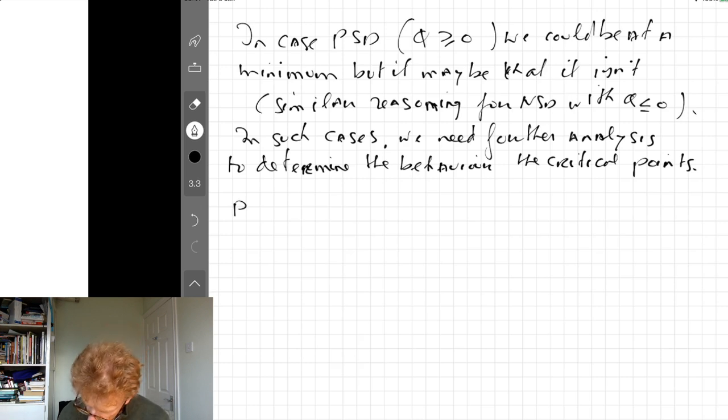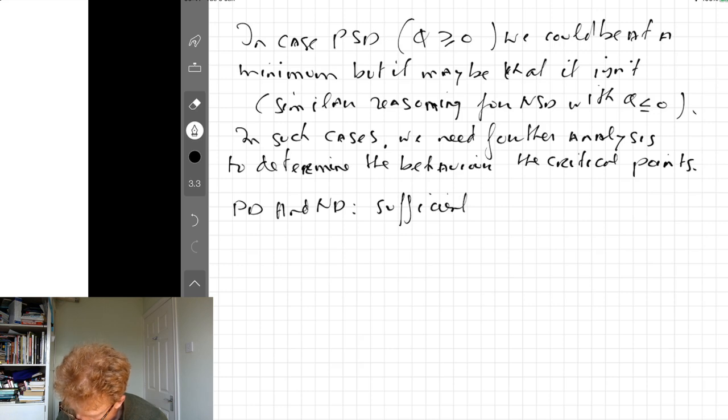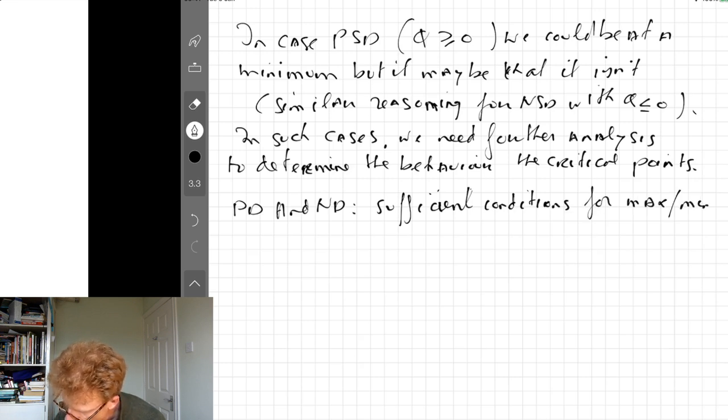Positive definiteness and negative definiteness, PD and ND, are sufficient conditions to determine whether it's a maximum or minimum.